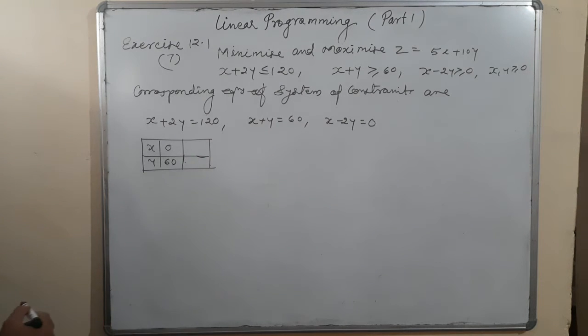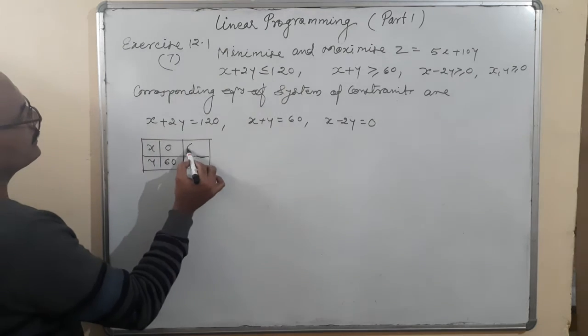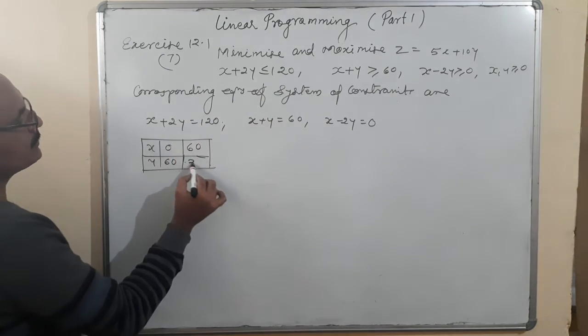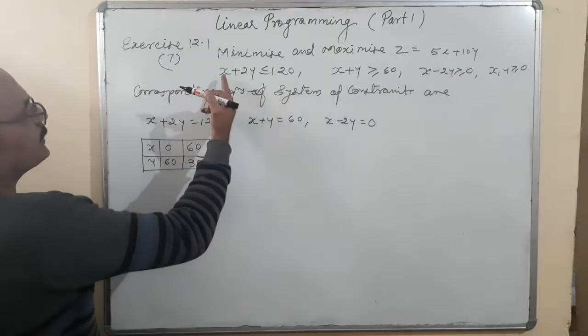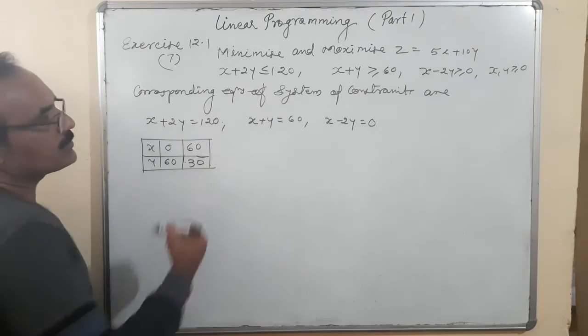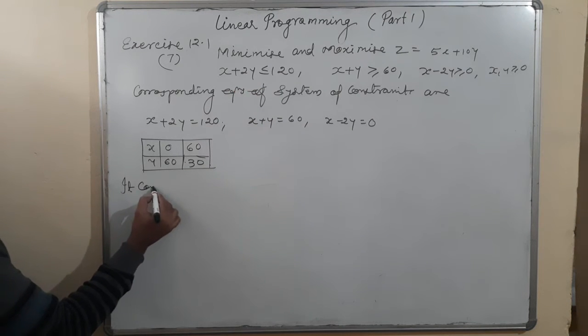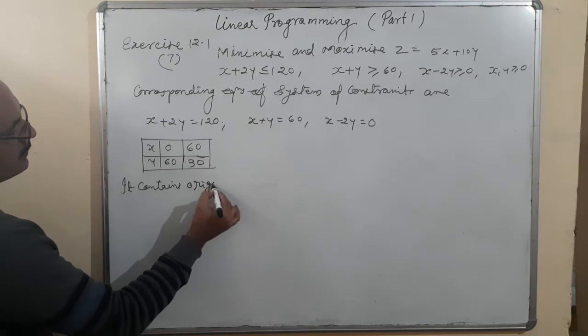When I take x is equal to another value like 60, then 120 minus 60 is 60, y is equal to 30. Okay, does it contain the origin, yes or no? Yes, when we put 0, 0 is less or equal to 120, yes. So it contains origin.